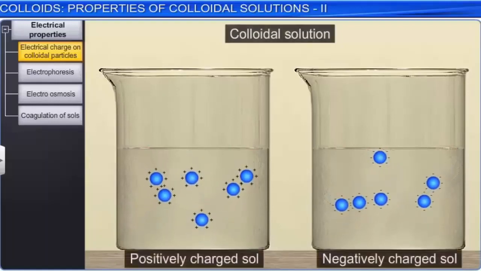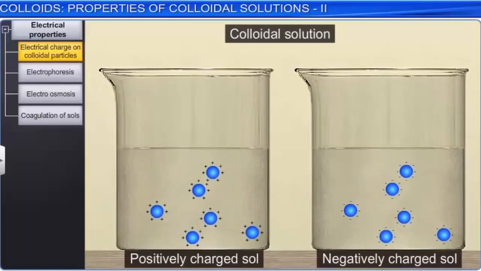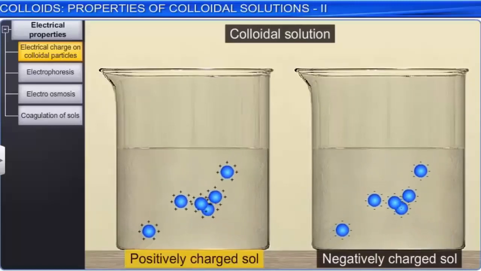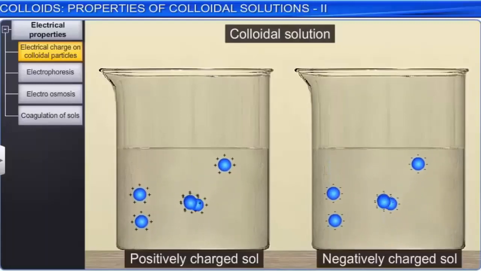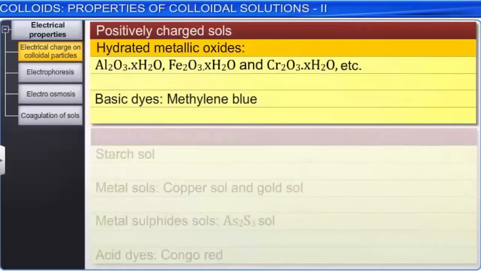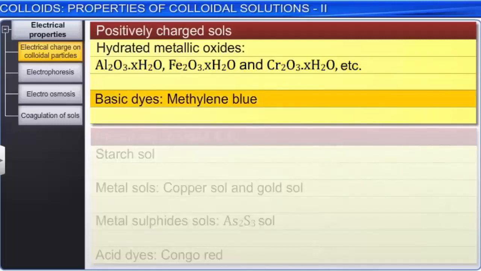Based on the nature of the charge on the colloidal particles, colloidal solutions are classified as positively charged or negatively charged sols. Hydrated metallic oxides like Al2O3·xH2O, Fe2O3·xH2O, and Cr2O3·xH2O, and basic dyes like methylene blue form positively charged sols.